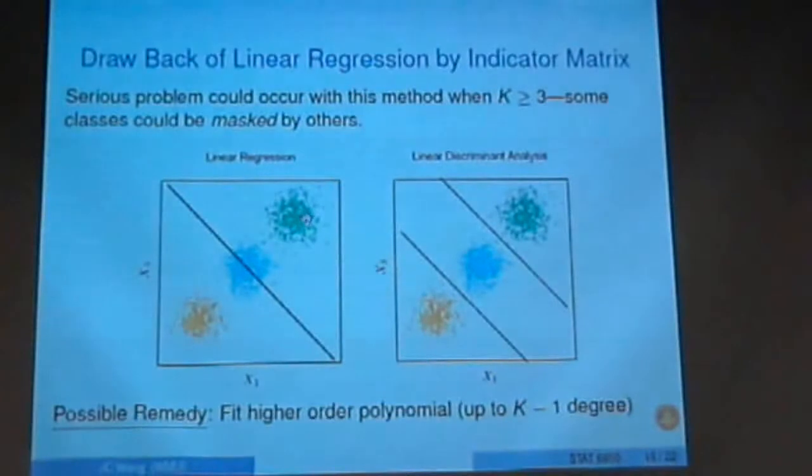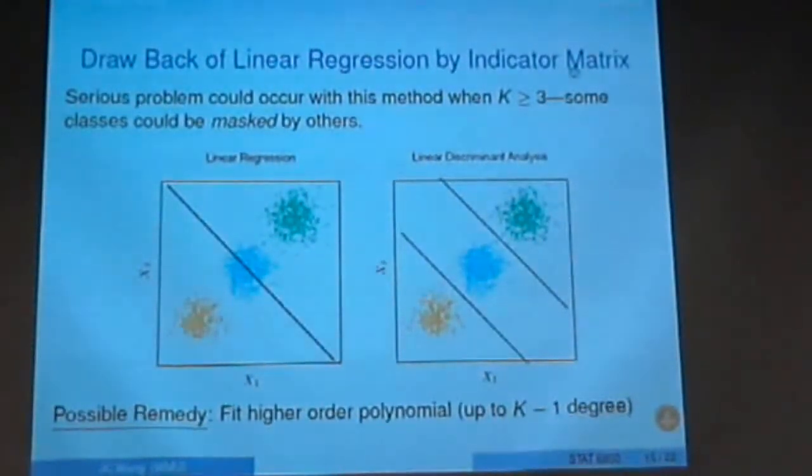Most likely you will only classify as from this group or from this group, never from this group. So that's the problem. If you have 3 or more classes, this is something you could fall into. Against that, linear discriminant would better separate this.